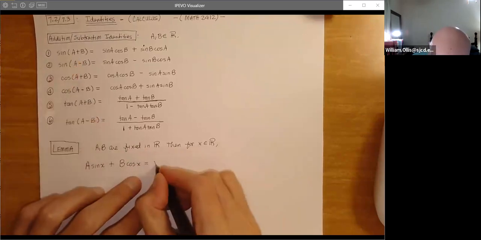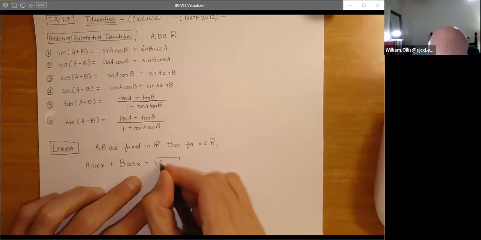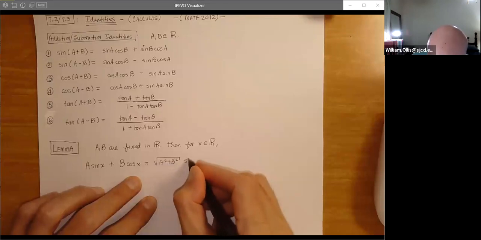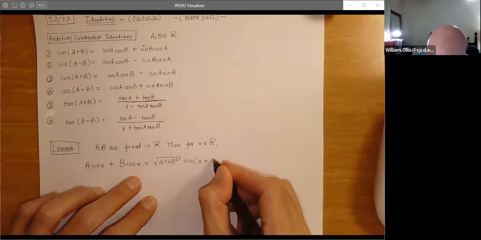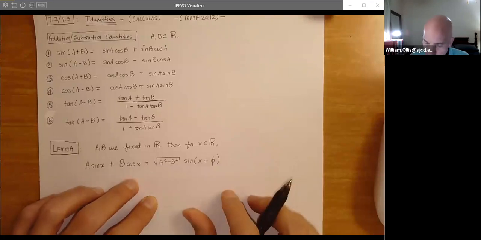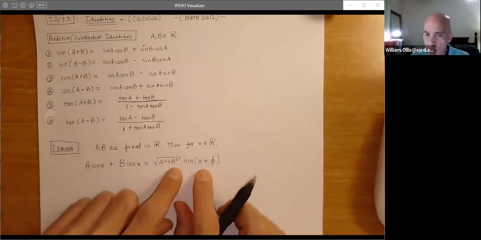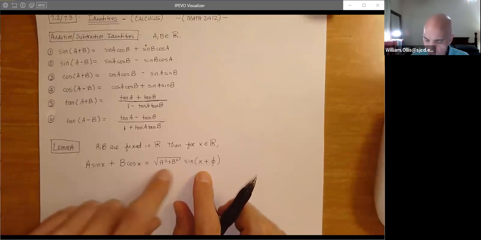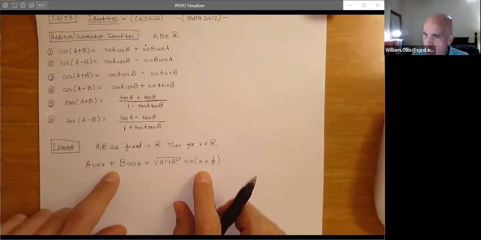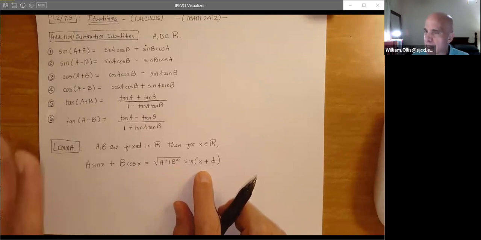It looks like this: the square root of A squared plus B squared times sine of x plus phi. Okay, so again, graphing something like this, you know how to do. So we would rather look at this graph than try to do it this way by adding functions, which can be a little bit uneasy.